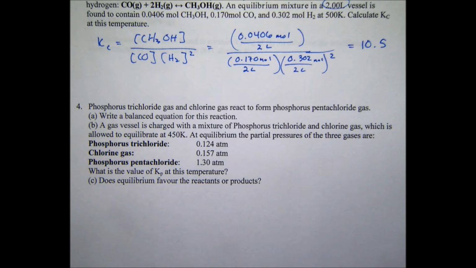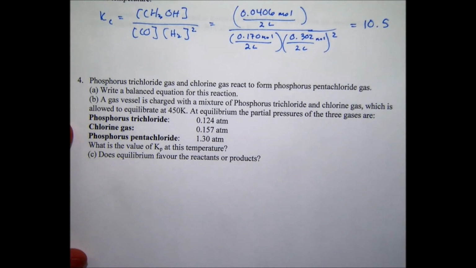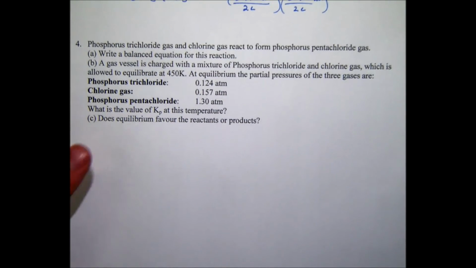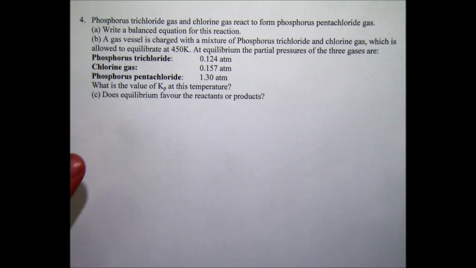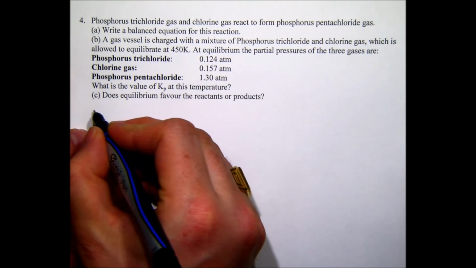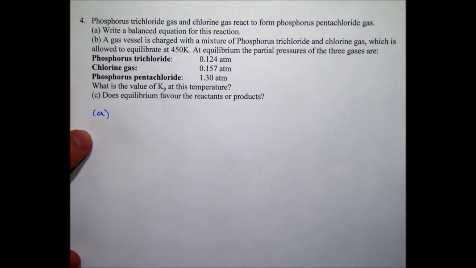The next question is a fairly good question for a lot of reasons. I've used it several times on assessments. It's basically this equilibrium process. It says phosphorus trichloride gas and chlorine gas react to form phosphorus pentachloride gas. So the first thing we're going to do is write the balanced equation for this particular reaction.